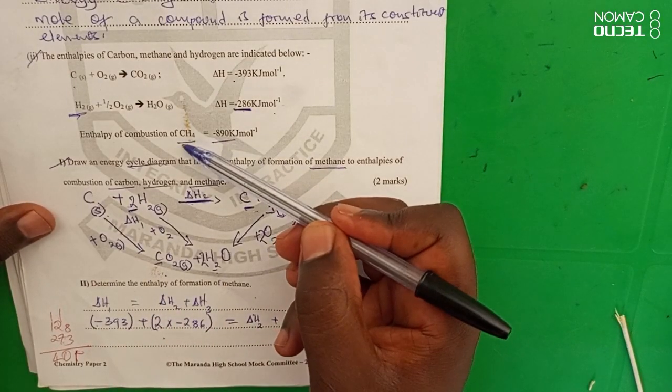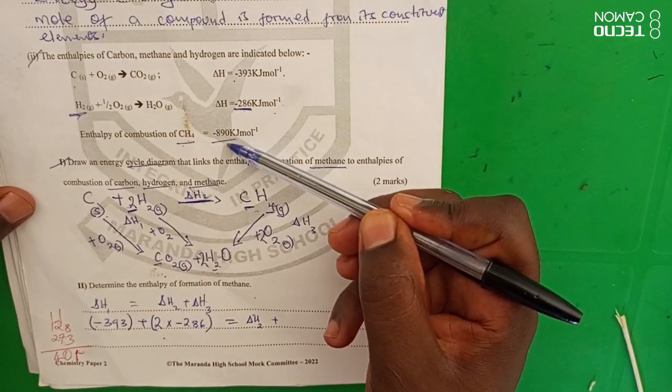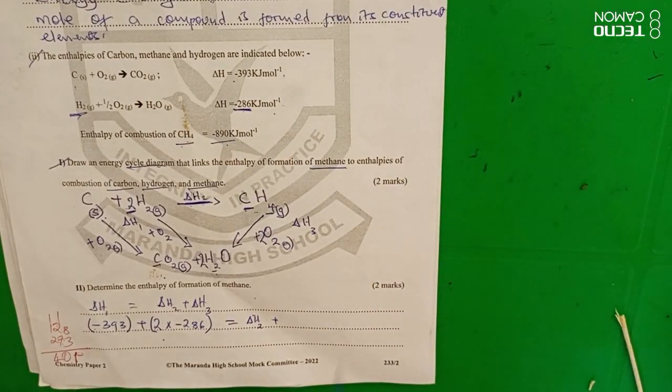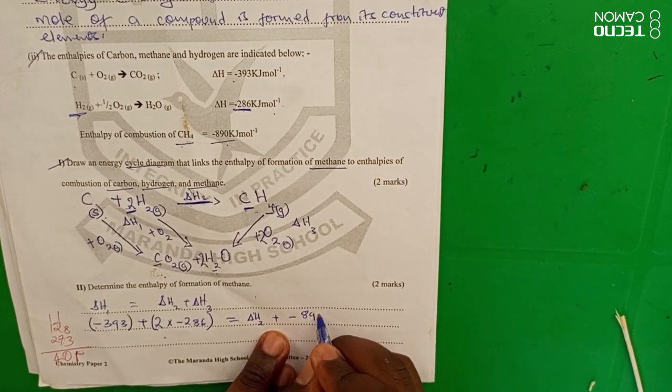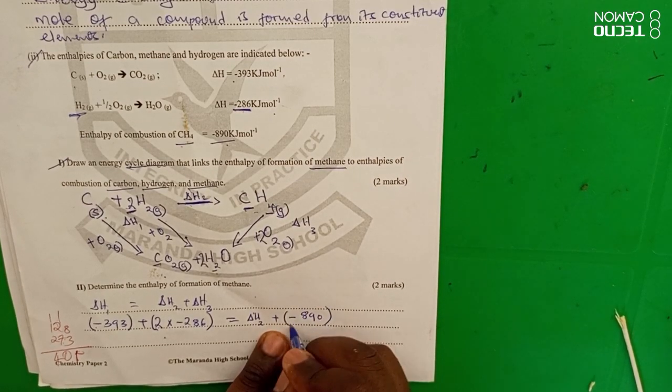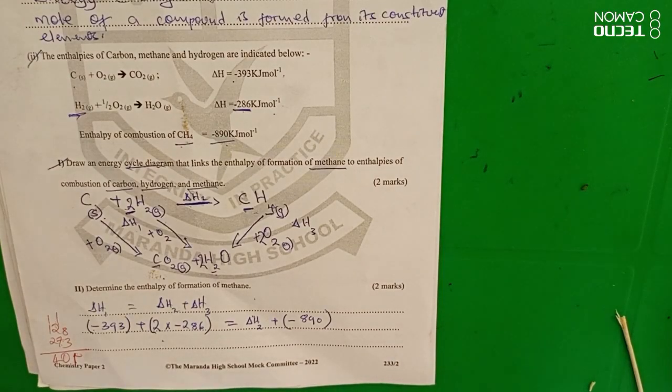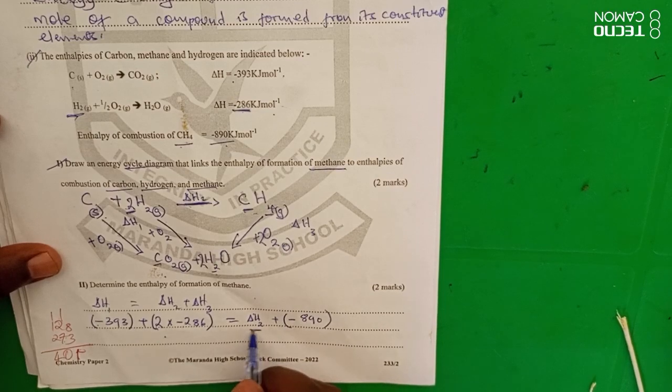When we burn methane, the energy produced is negative 890 kilojoules. So we need route 2.